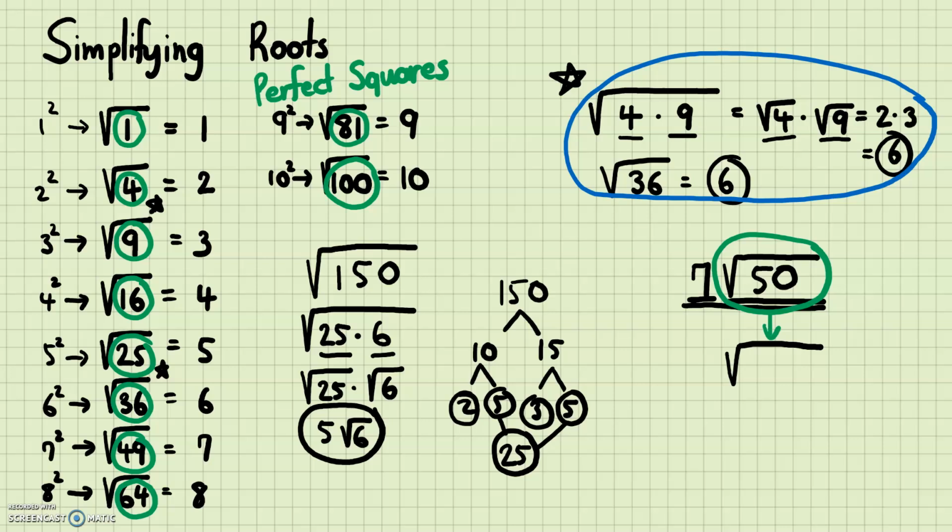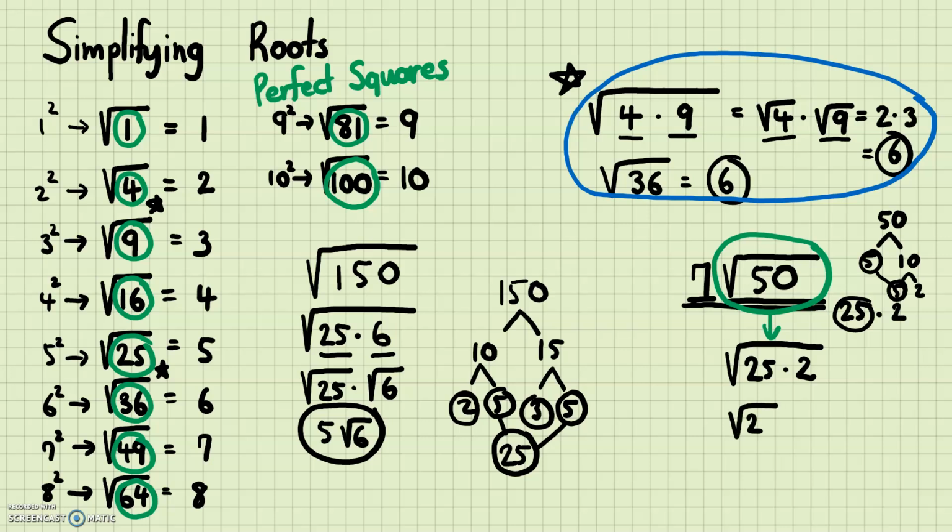Now some of you might automatically realize that that's 25 times 2, right? But for those of you who don't, or who find that harder to see, you can again use prime factors. 5 times 10, and that is 5 times 2. So again, there are 2 5s inside here, which means there's going to be a 25 inside here. So that's going to be 25 times 2.